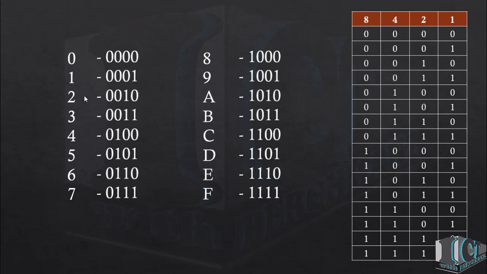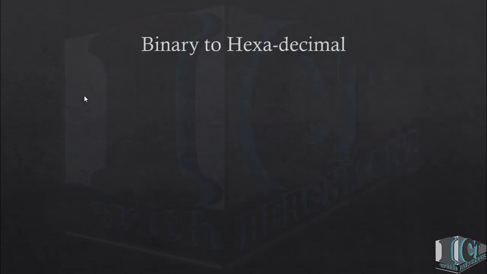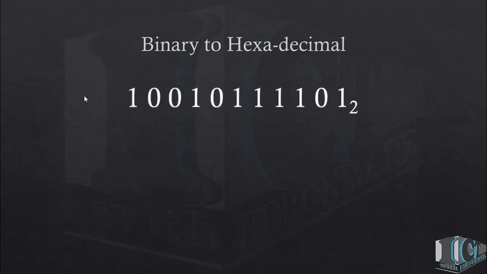Now the conversion is very similar to what we did with octal numbers. Let's try to convert a binary number to hexadecimal. Let's say we have a binary number like this. In the earlier method we divided this binary number from the right into groups of 3. But this time, because it's hexadecimal, I am going to divide them into groups of 4. And the last group has only 3 digits, so I am going to add a 0 there.